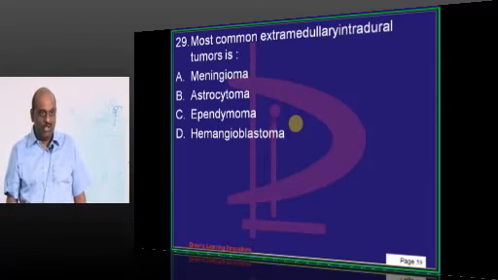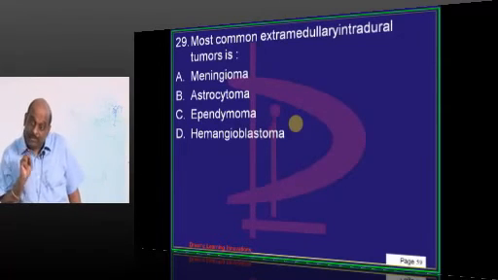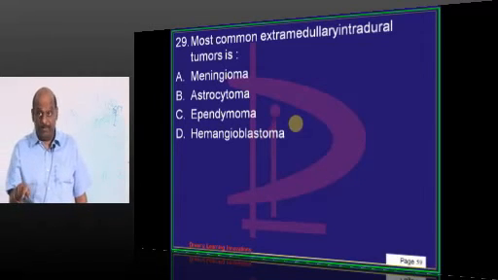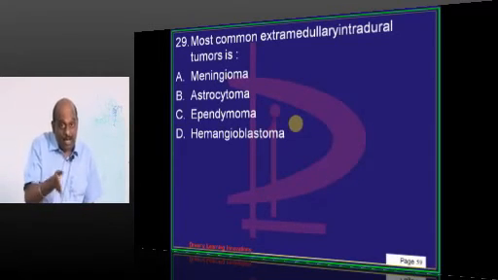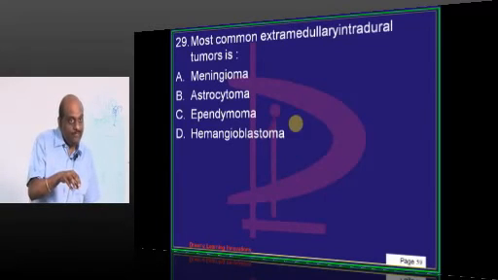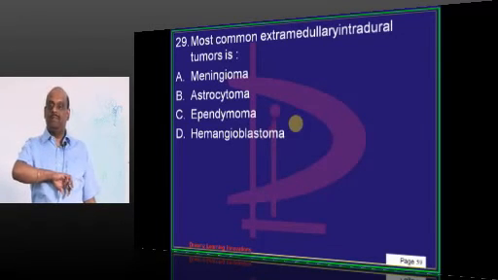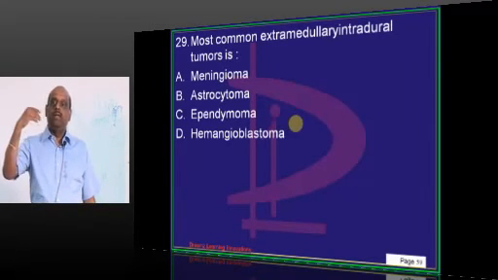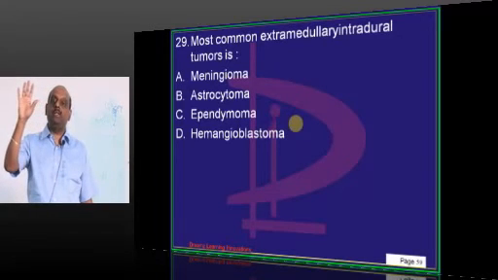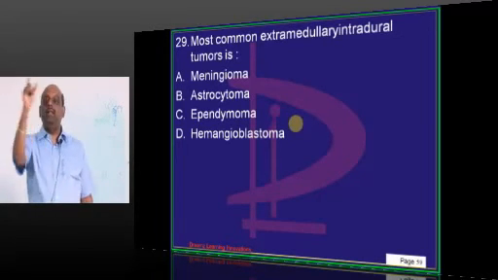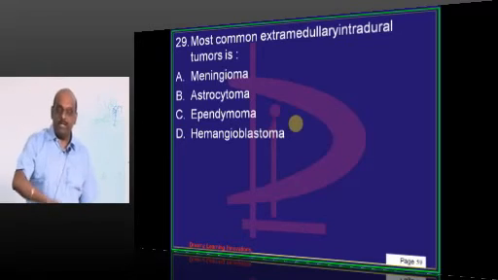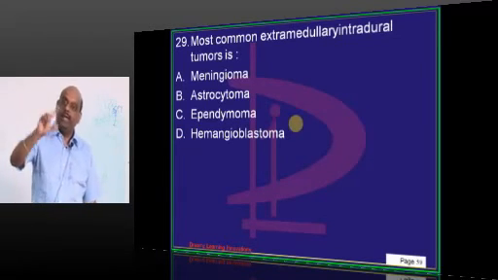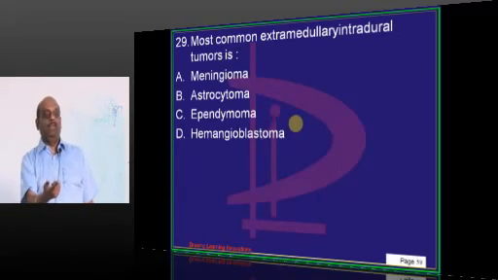So a tumor can arise from the spinal cord, then you call it intramedullary. And it can arise between the spinal cord and the dura, then you call it extramedullary. So to summarize, spinal cord tumors are extradural or intradural: outside the dura, inside the dura. Inside the dura, you have intramedullary and extramedullary.